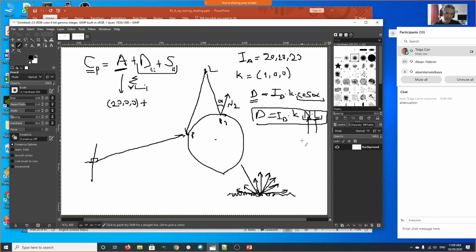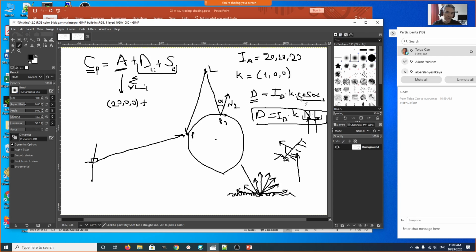In such a case, if it's negative, it means that our surface, for example, is looking this way, and the light direction is coming this way. If the light is coming this way while the surface is looking this way, as you can see, the angle between them is greater than 90 degrees. In that case, cosine alpha is going to be negative, and my light rays do not hit the surface at all.